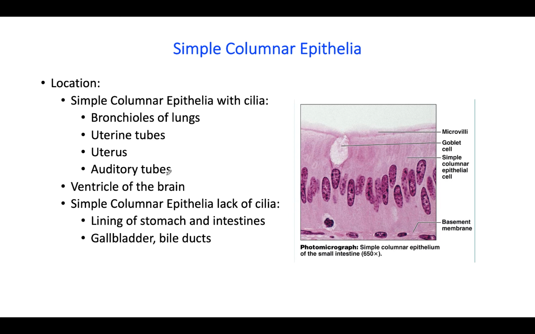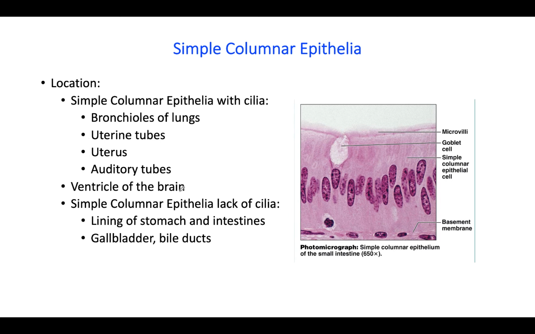Those cells participate in the movement of particles out of the bronchi of the lung by ciliated cells. Also, they are partially responsible for the movement of the oocyte through the uterine tube. Okay? So this is the region where we can observe simple columnar epithelia with cilia.